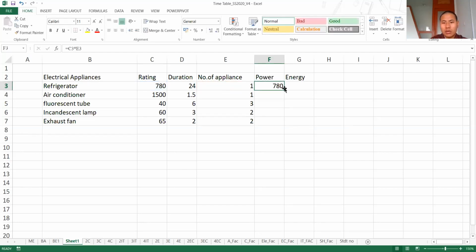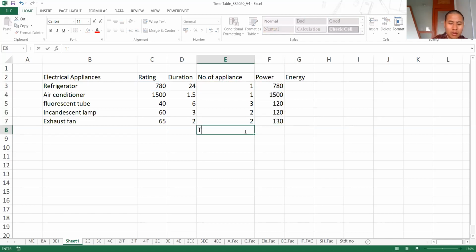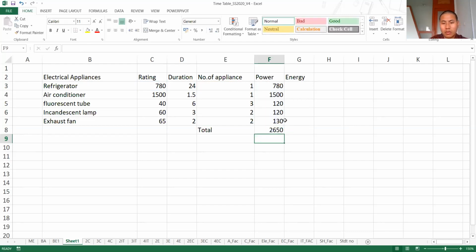So similarly, you can also do this for all the appliances, and then here, let's write total. The total power is equal to the sum of this many.